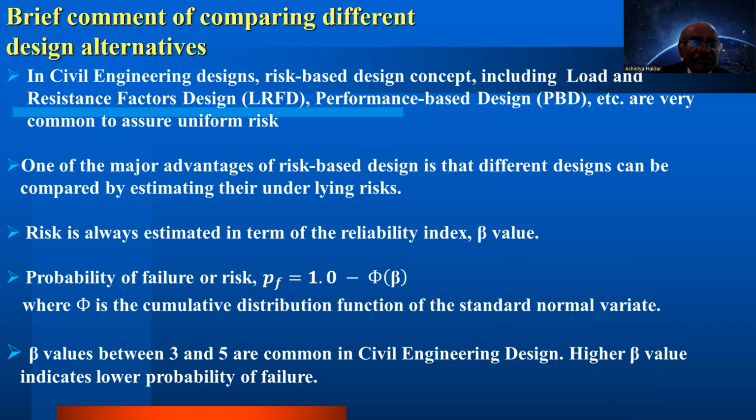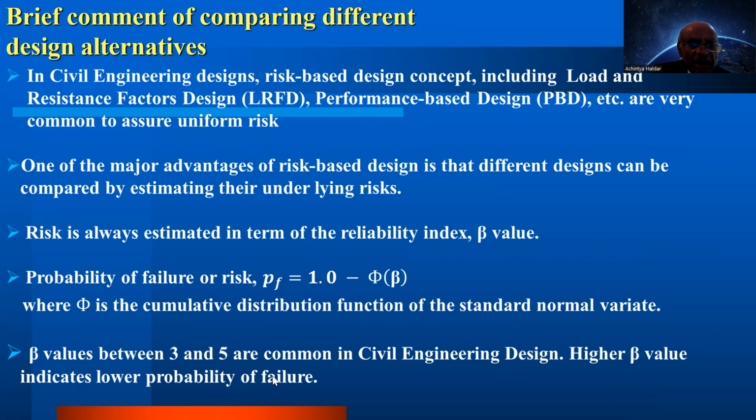One of the major advantages of risk-based design is that different designs can be compared by estimating their underlying risk. Risk is always estimated in terms of reliability index beta, and the probability of failure can be calculated as 1 minus phi of beta. Phi is the cumulative distribution function of the standard normal variate.